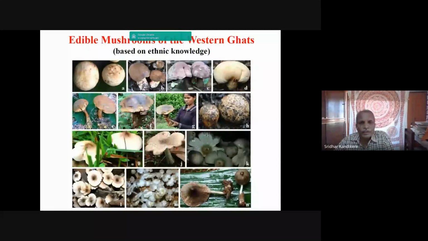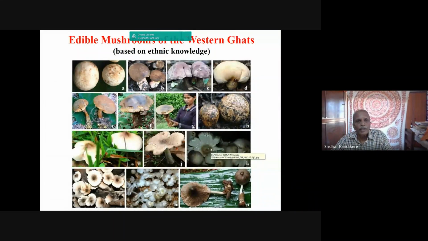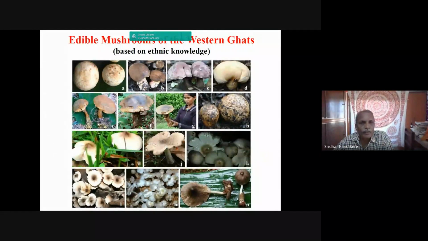So this is a picture showing nearly 20 different species that are edible in the Western Ghats of India, especially in Kodagu district. That is the ethnic knowledge of several tribals in the Western Ghats, who are in a position to identify which are the edible mushrooms.